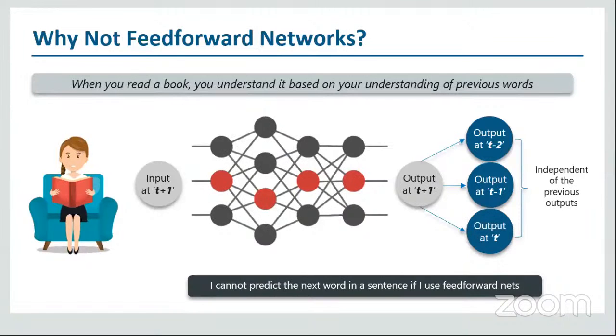For example, when you read a book, you understand it based on your understanding of the previous words. Yes or no? The sentence is very cohesive, and it is related to what you need to get.